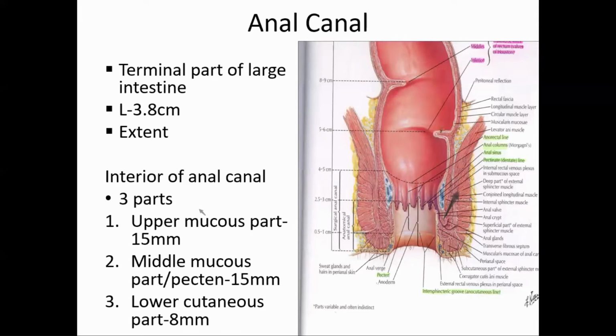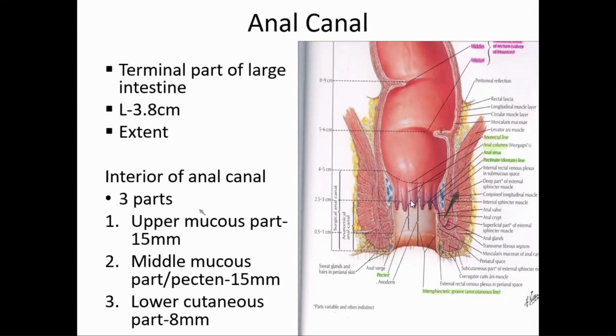Now, the terminal part of the gastrointestinal tract is the anal canal. It extends from the anorectal junction to the external orifice of the anal canal, which lies between the natal cleft of the two buttocks.